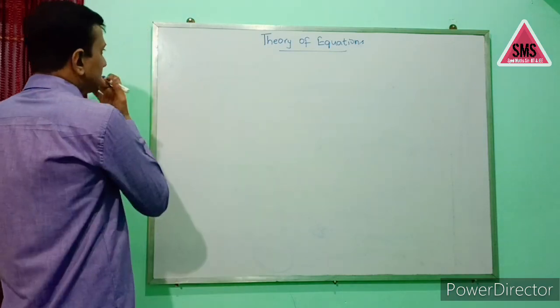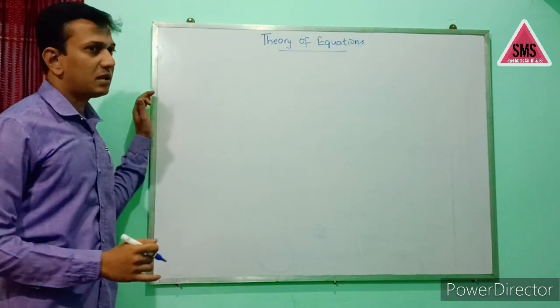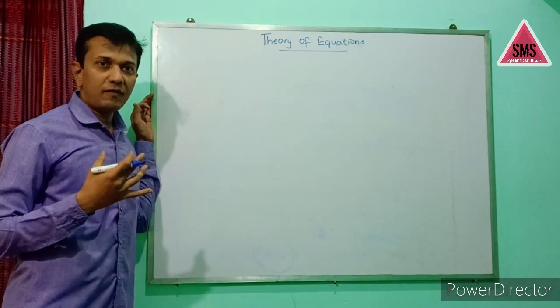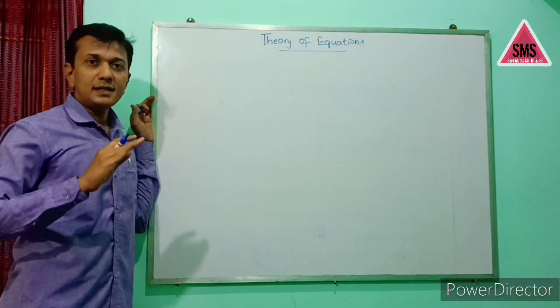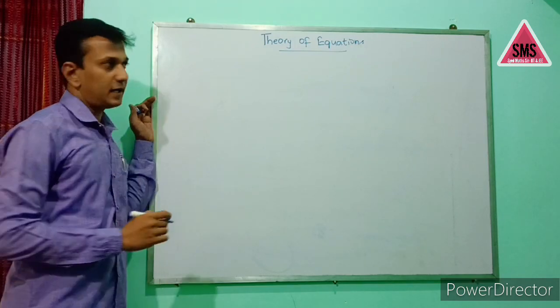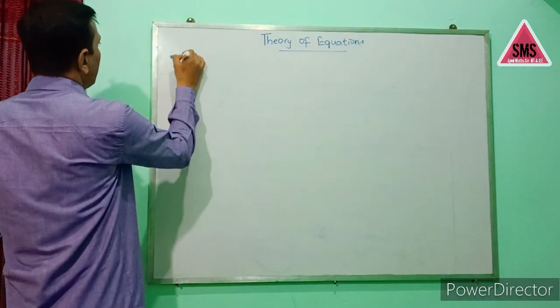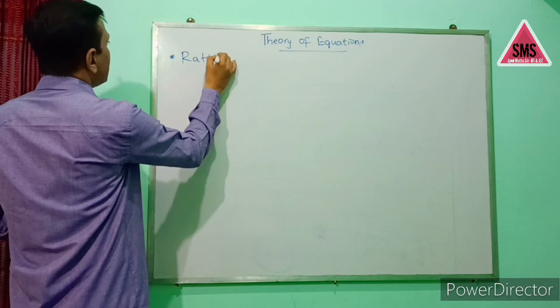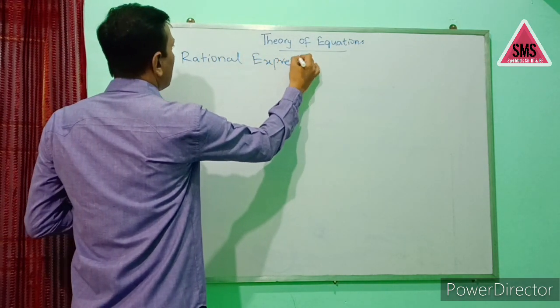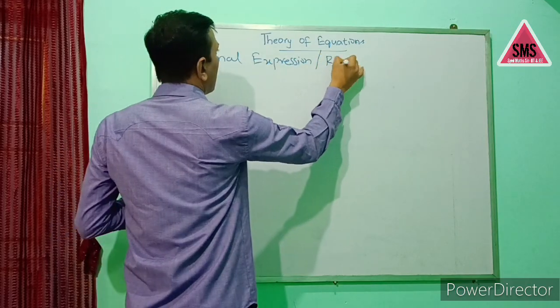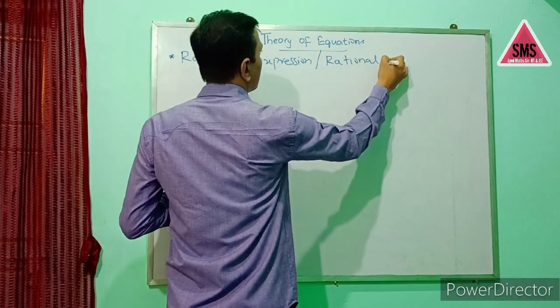Similarly, here also a rational expression is written in the form of p by q, where the denominator q of x is a non-zero constant. So the next one is a rational expression or a rational function.